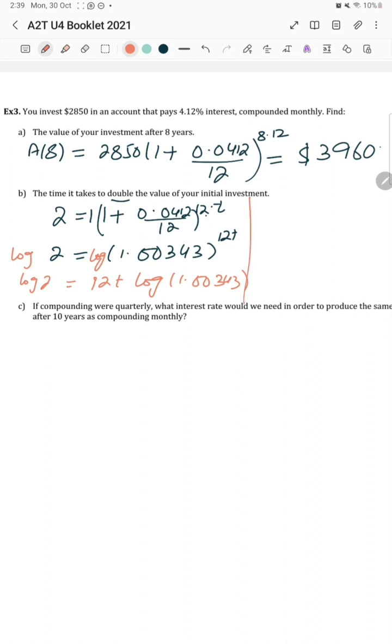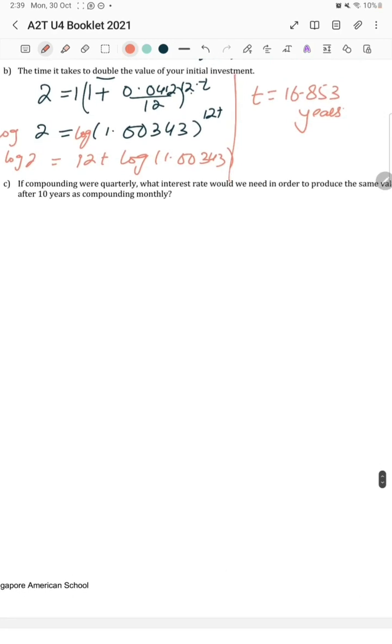So t is log 2 divided by log 1.00343, divided by 12, which gives us 16.853 years. So t is equal to 16.853 years.